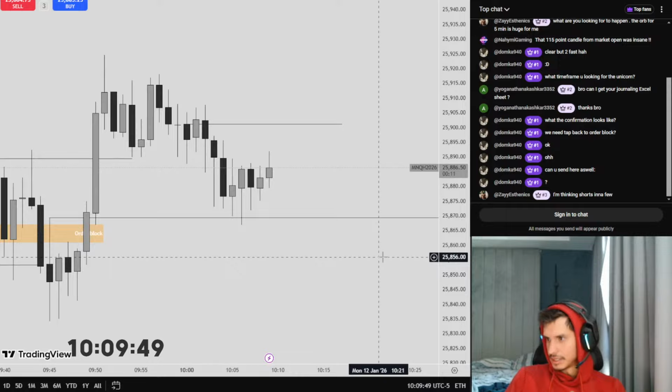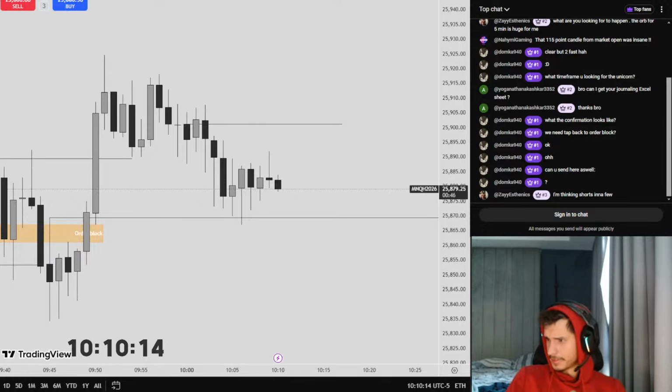Although ES is displacing. See if we could get heavy here. So again, the 5 minute got respected. The 3 minute's still been respected. Still no sign for me to place a short.